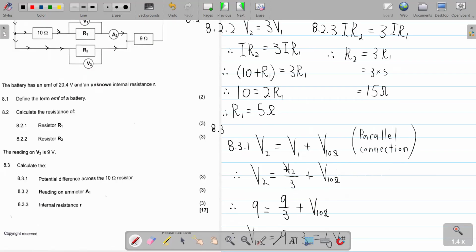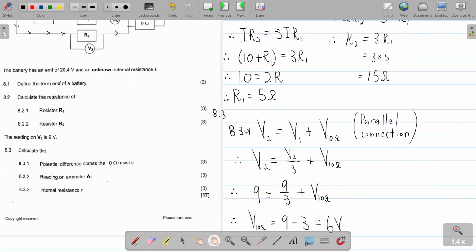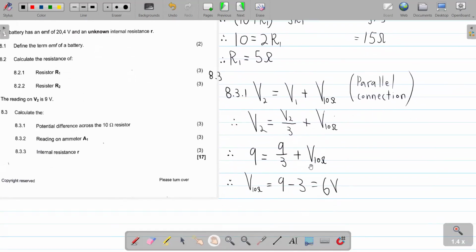Again, we use that thing. They say V2 is 3 times V1. So we can get the voltage across the 10 ohm.